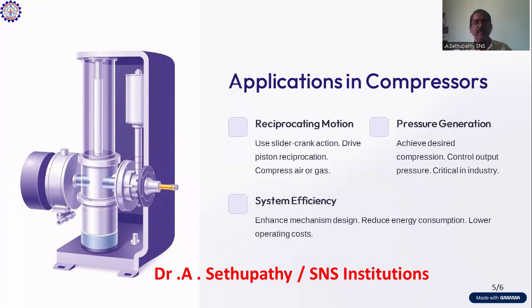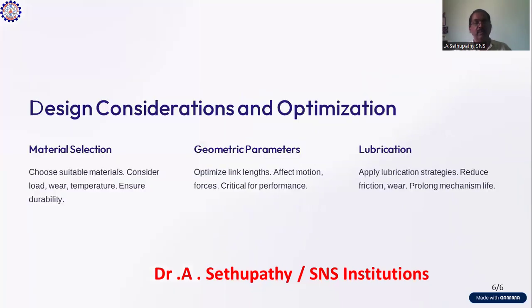Then pressure generation: achieve the desired compression and control output pressure, which is critical in industries. Then system efficiency: enhance mechanism design, reduce energy consumption, and lower operating costs. These are the efficiencies we get from the slider crank mechanism in compressors.